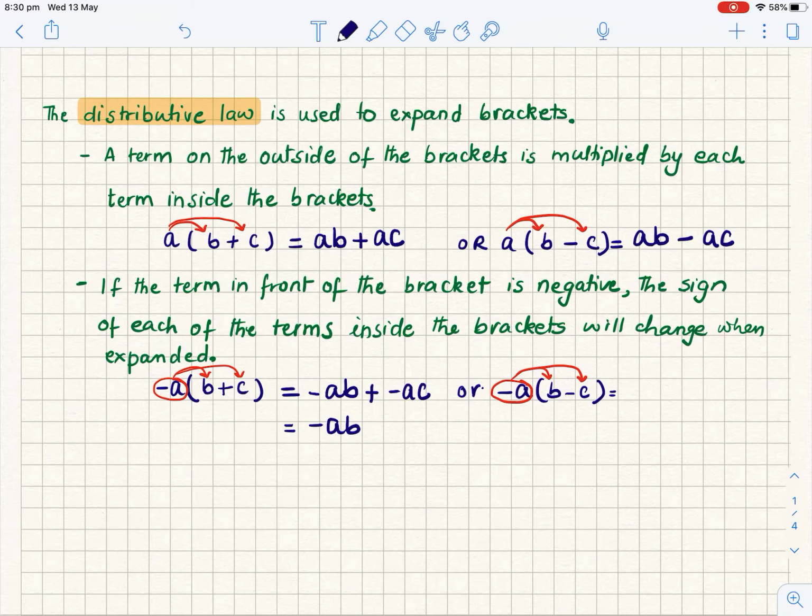So it's negative AB, take away AC. So from now on, if there is a negative term outside the bracket, the sign inside the bracket changes. Same way here, if negative A multiplies B minus C, now there is a minus sign inside the bracket between the terms B and C, so that will become plus A times C, AC.